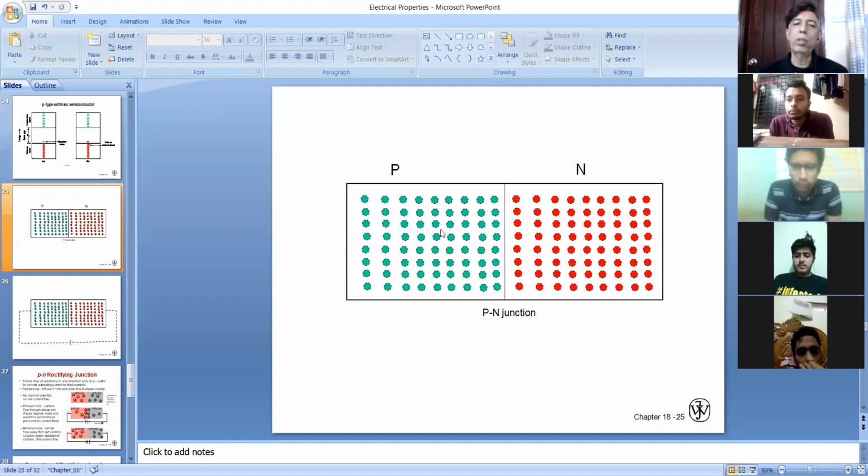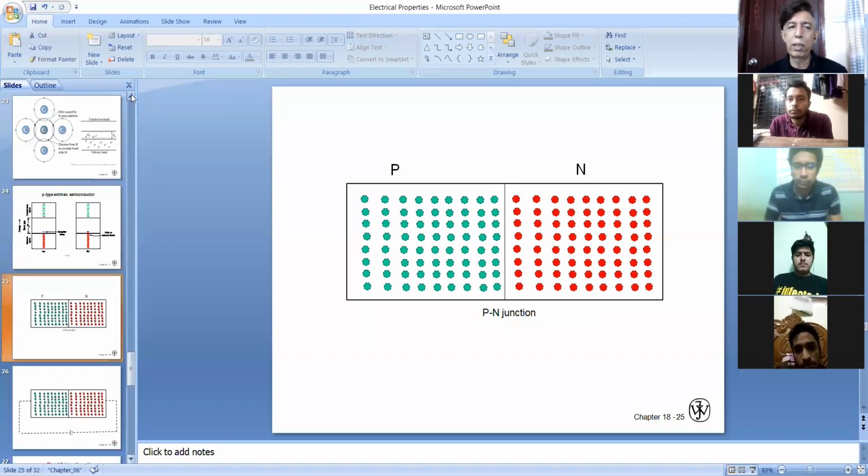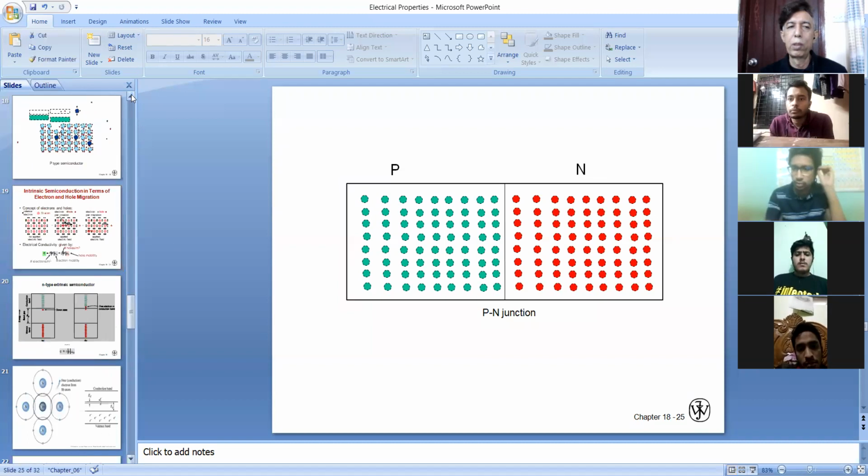Now, in P-type semiconductor, there are holes. In N-type semiconductor, there are electrons. Is there any other thing here? Silicon, sir.